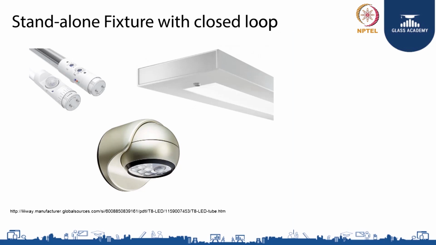If the space is unoccupied, it will switch off the light. In case the space is occupied and enough daylight is available, then also it will dim or switch off the light. So it's a very simple standalone fixture. We can straight away purchase it from the market and install it.